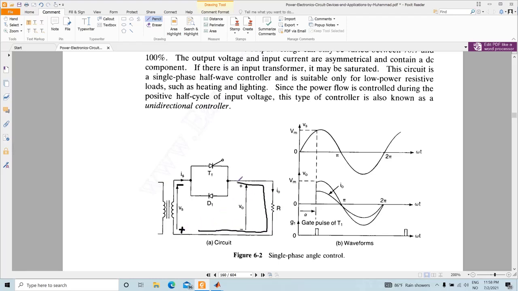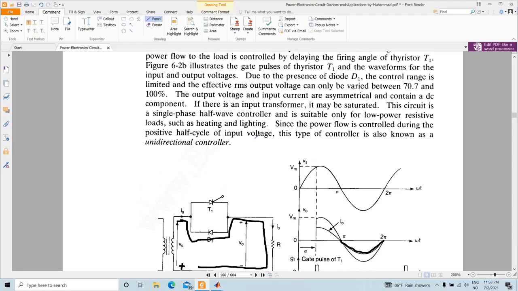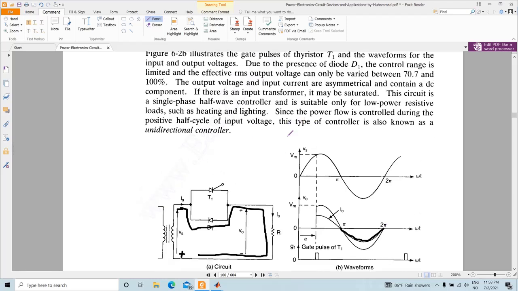The current will flow like this through the diode, and this is the current conduction in the diode. But the challenge here is that you do not have any controllability in the other half cycle.